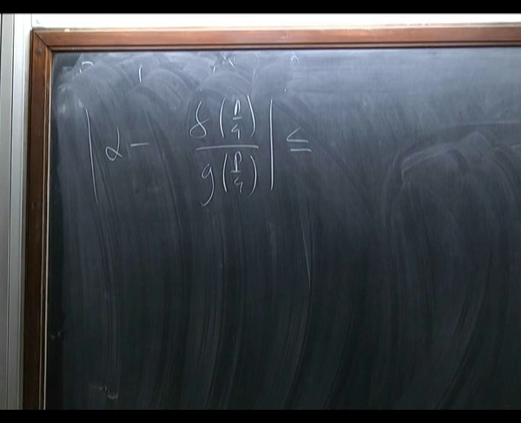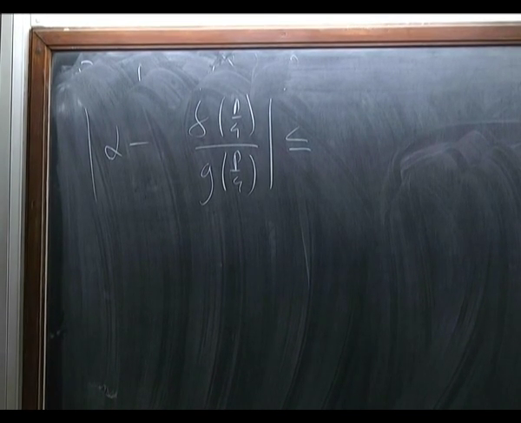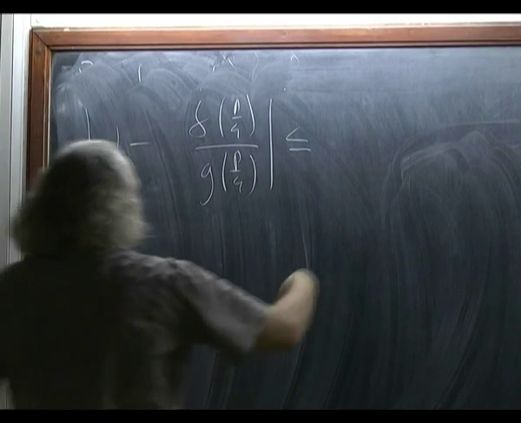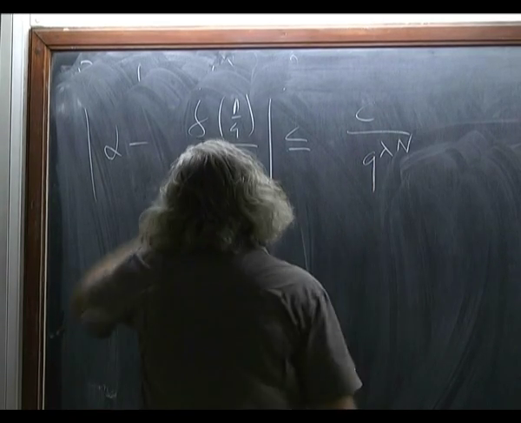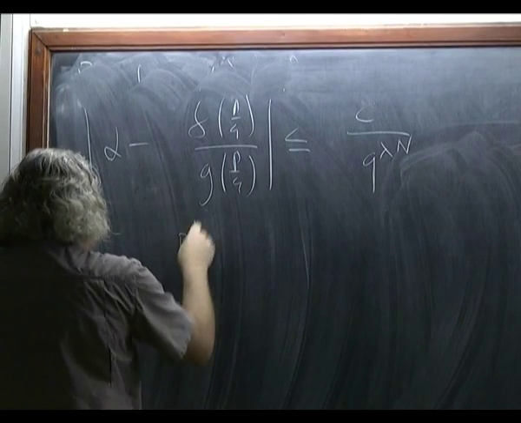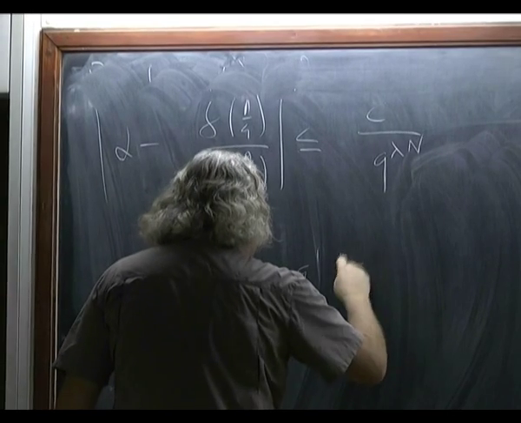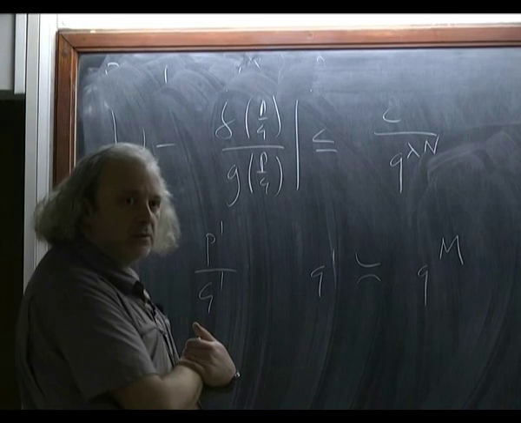So let us forget about the magnitude of this, since p over q is very close to alpha; it is of secondary importance. What's of main importance is the denominator and numerator of this fraction. So it is again something like q over lambda n. But this can be written as some p prime over q prime, where q prime is around q to the power m, right?